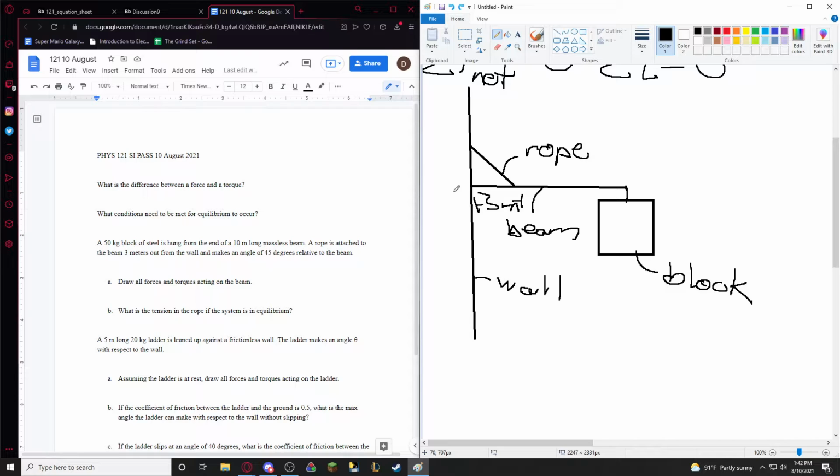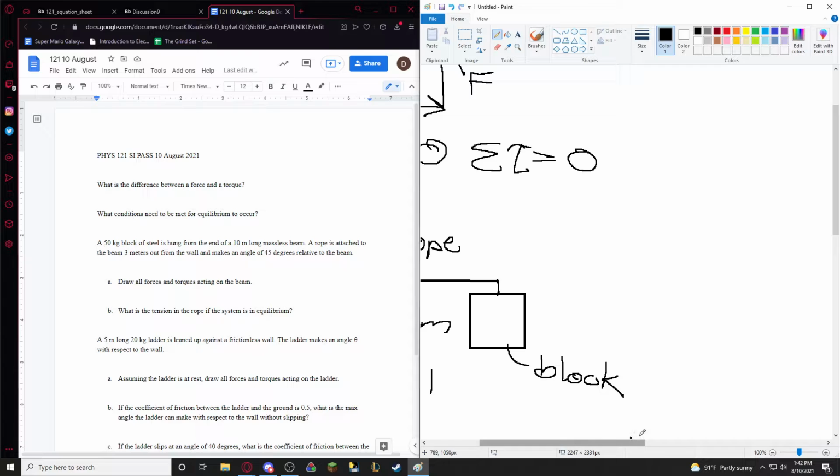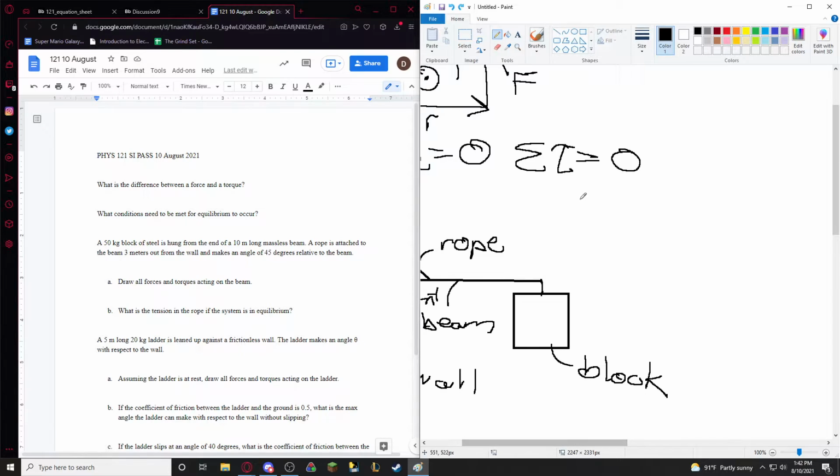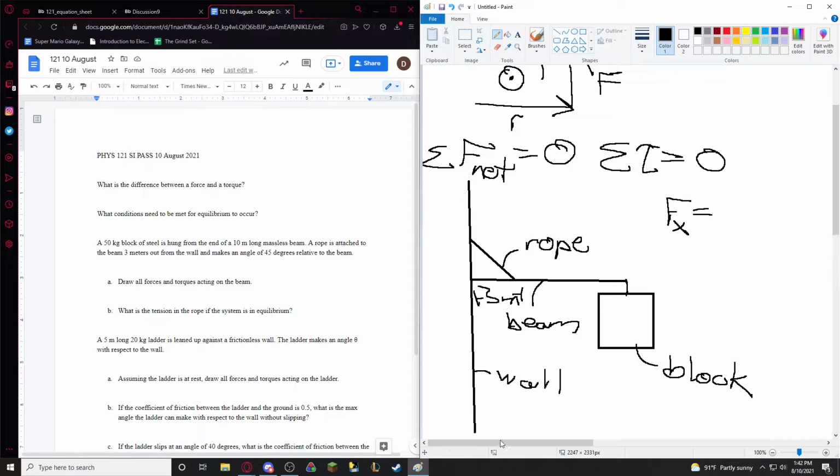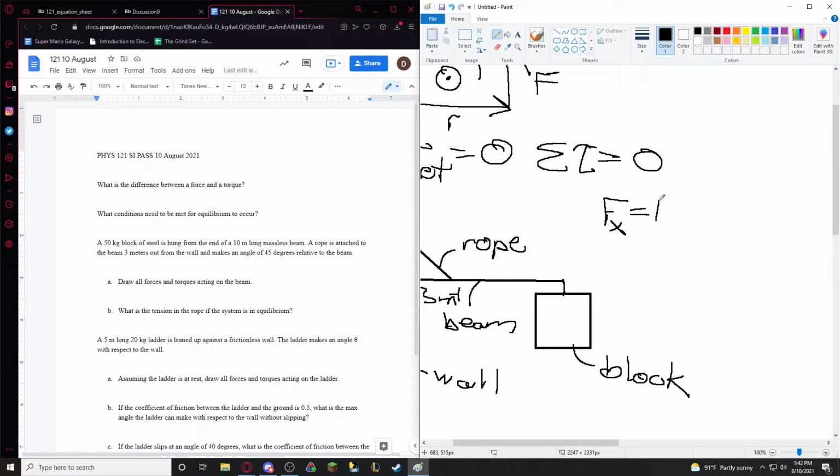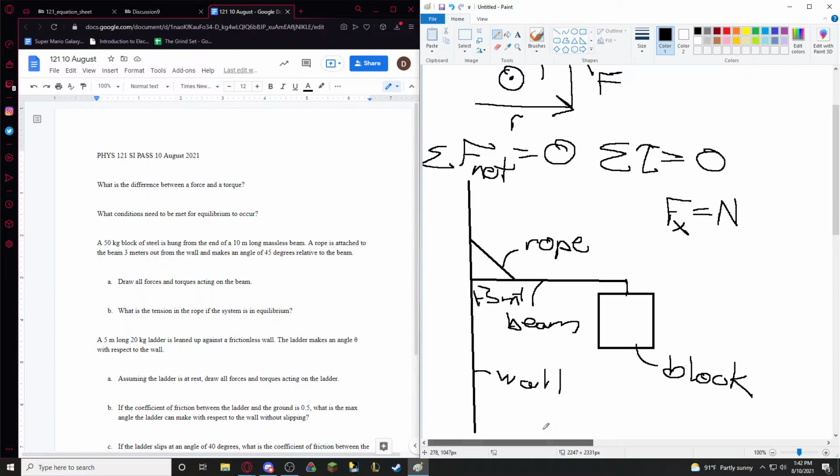Yeah, exactly. There's going to be some sort of a normal force acting to the right on the beam. So that's in the x direction. So we know the total Fx is equal to our normal force acting to the right. Is there any other force acting at that point?